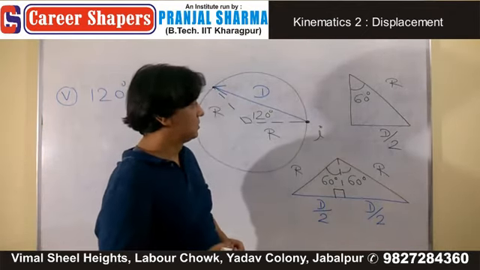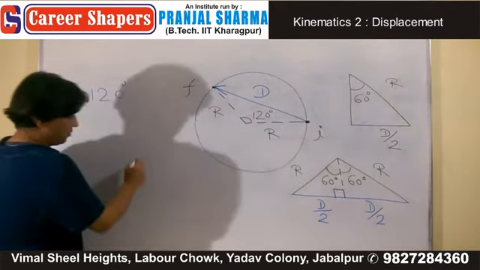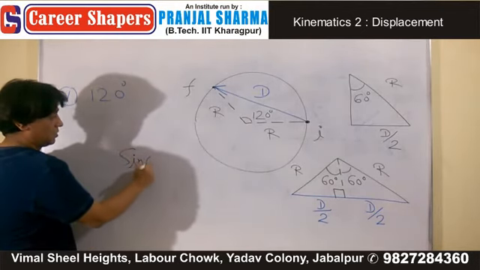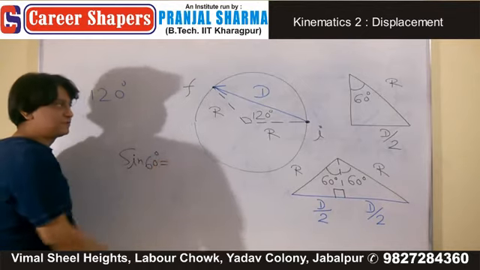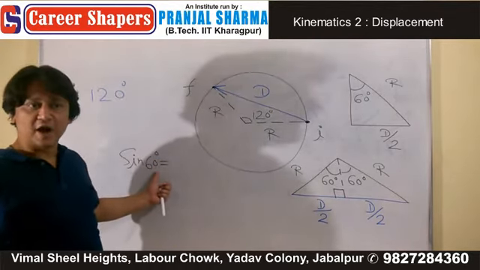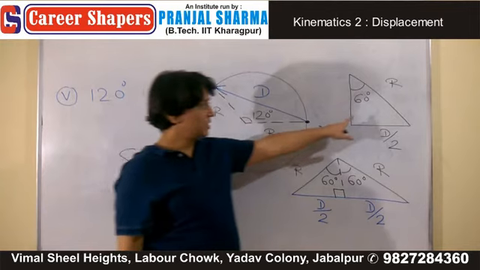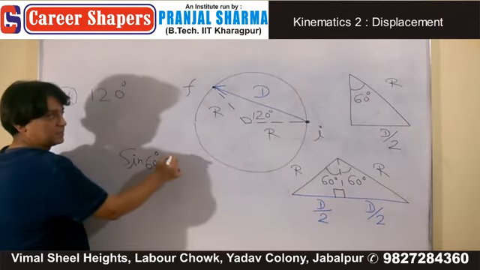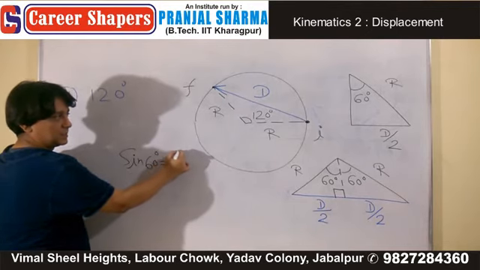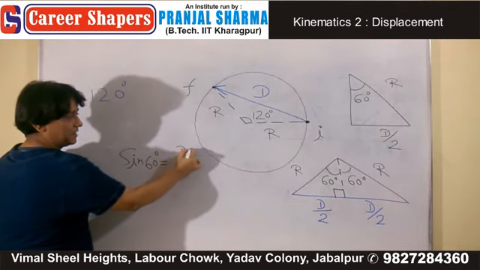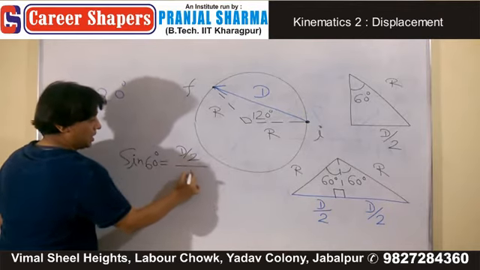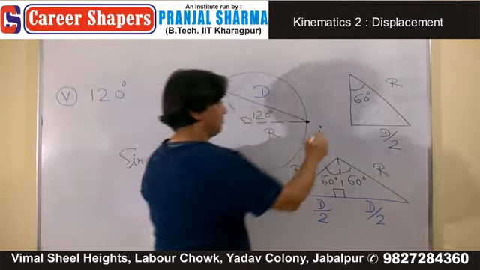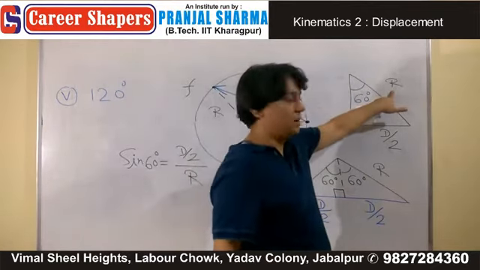Now, in this figure, what is sine of 60? You just need to find this. In this figure, what is sine of 60? Is it d by 2 upon r or this upon r?